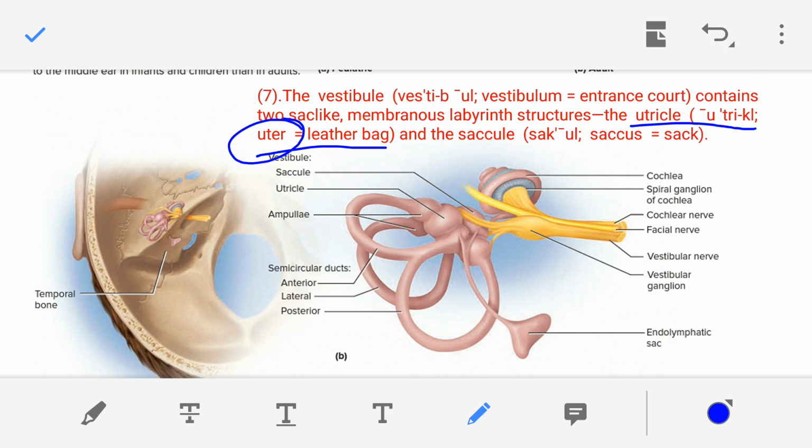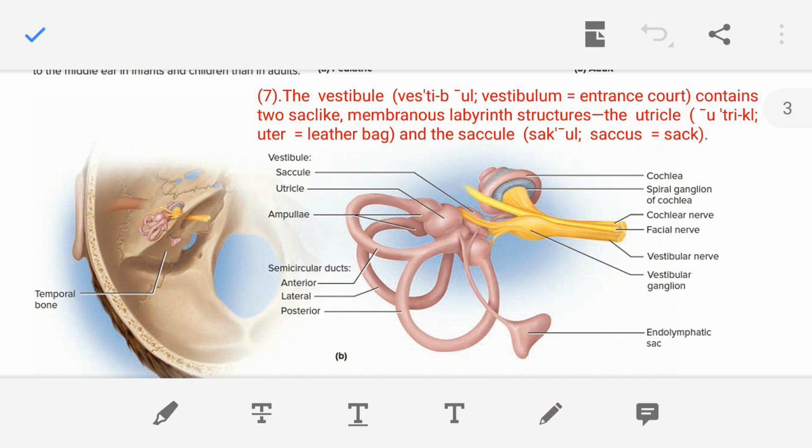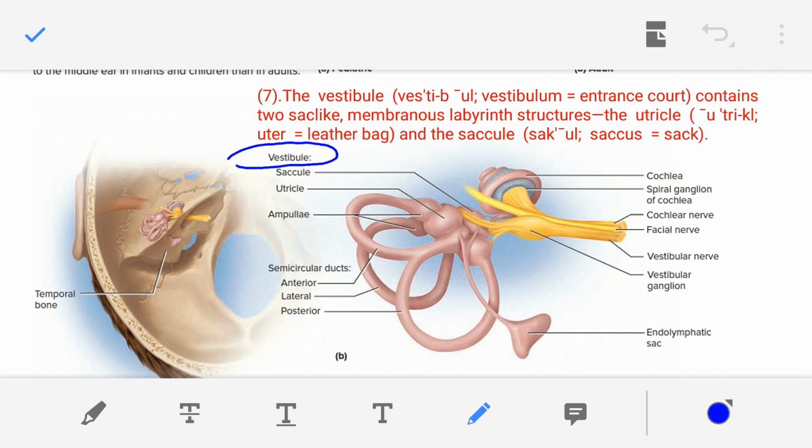So from the word uter, the term utricle is derived. And saccule, from the word saccus, the term saccule is derived. Saccus means sac.